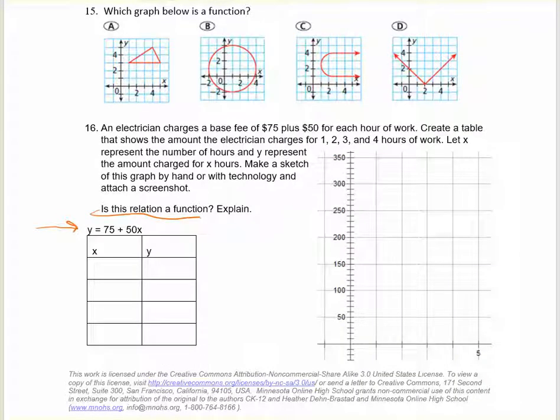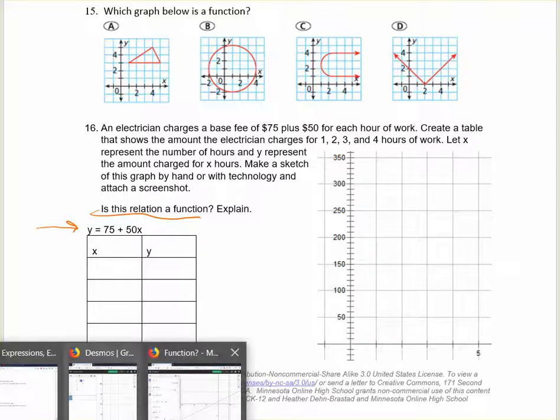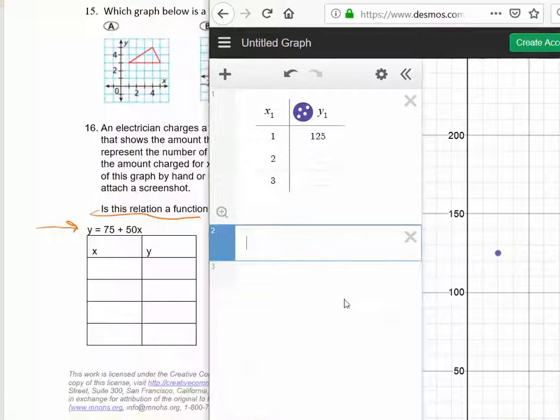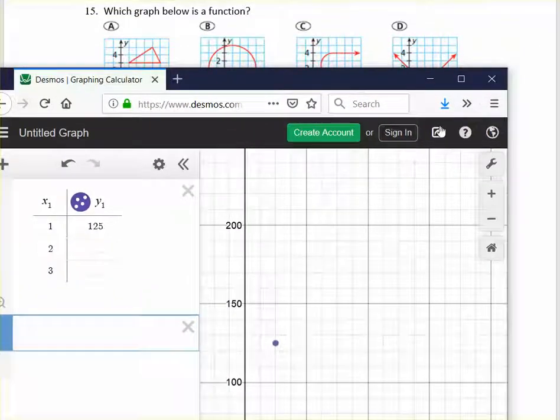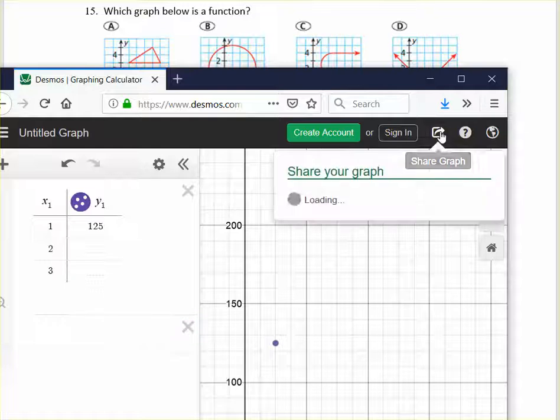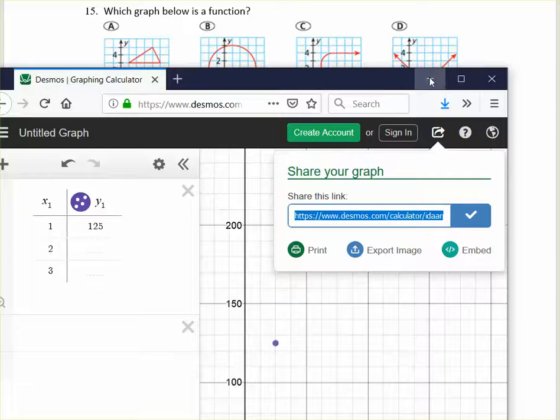And then when you're done with your Desmos graph, after you've got your table done, you've got your line done, then you can share that graph with me quite easily in Desmos. So let me show you how to do that. So once you get all of your work the way you want it, you click on this arrow key and it's share graph. It will generate a link and you can copy that.